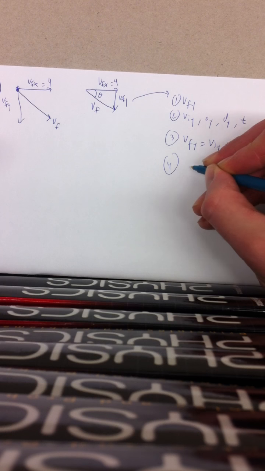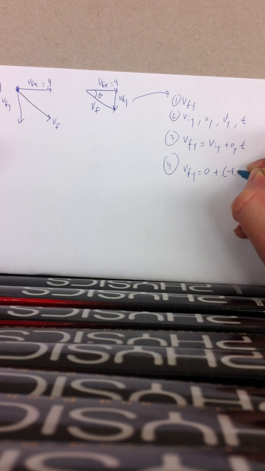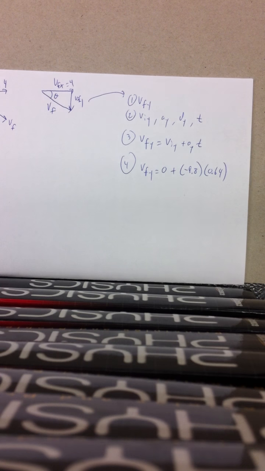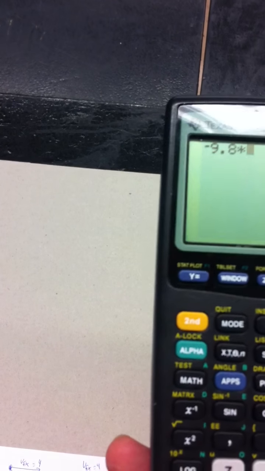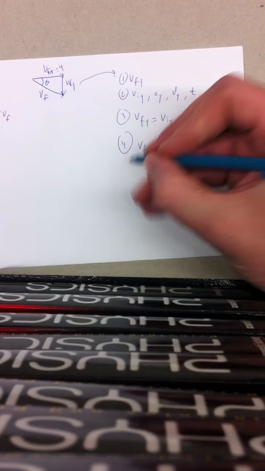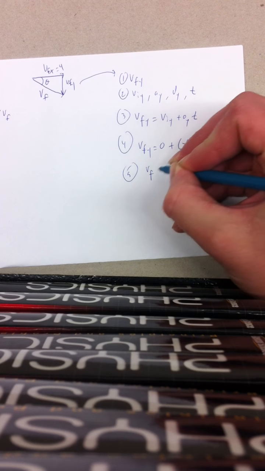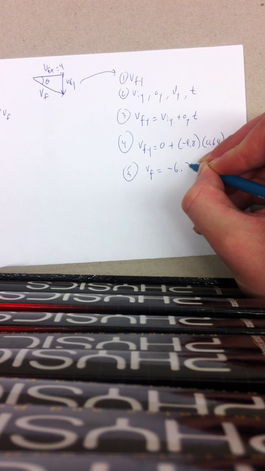Step 4, VFY is equal to 0 plus negative 9.8 times 0.64. So what you've got to do is just negative 9.8 times 0.64. You get negative 6.272. So the final velocity is equal to negative 6.3.